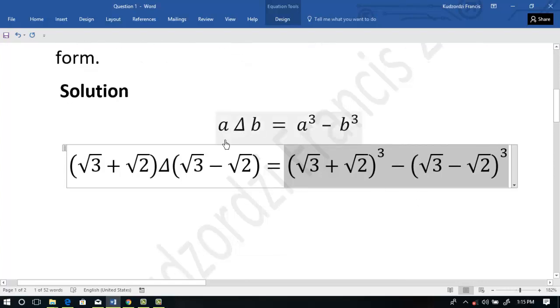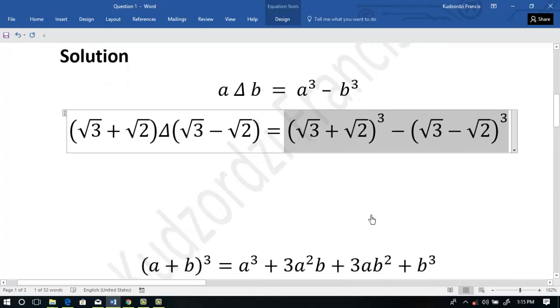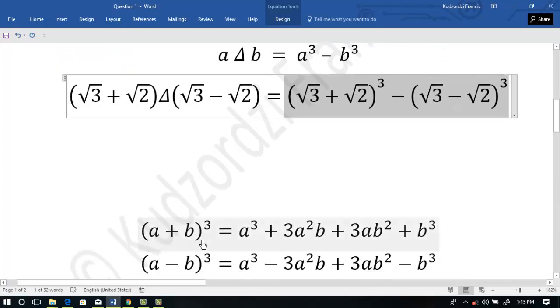This is now a binomial expansion. They are almost the same, except in sign. So recall that if you have A plus B cubed, you get this, and A minus B cubed, you get this. So we just apply that knowledge over here.